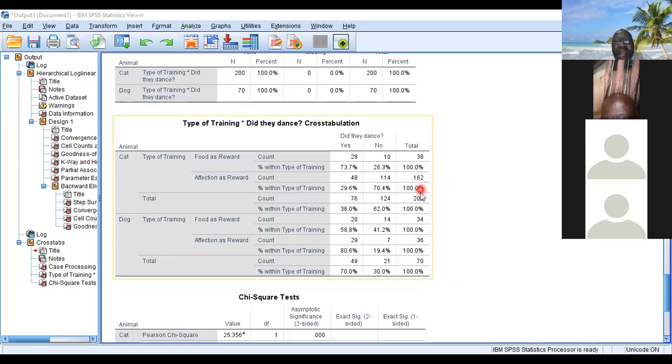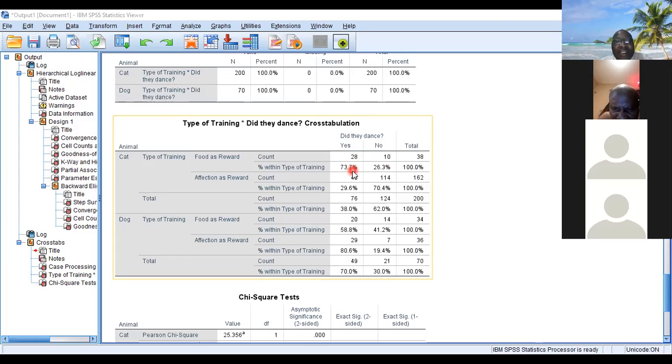Now, look at the percentage that dance among cats. What proportion dance among cats? We have 73.7, then 29.6. No, sorry.